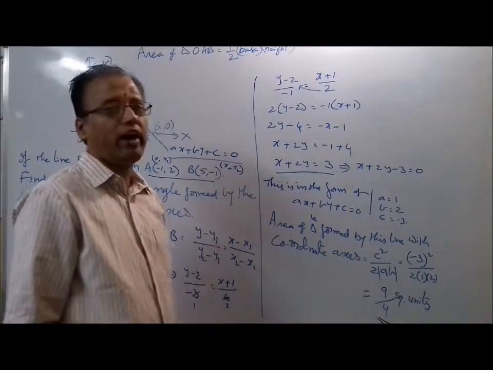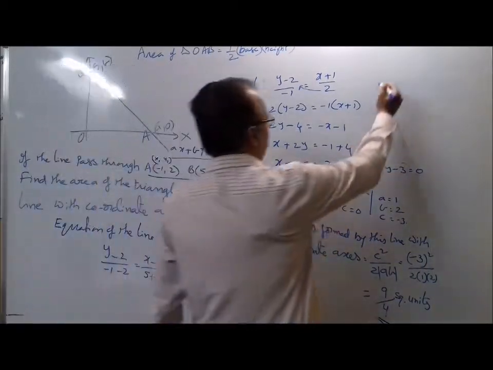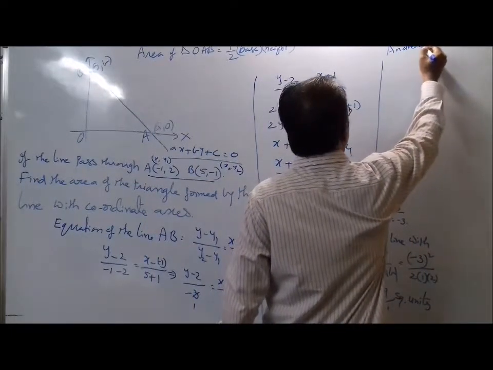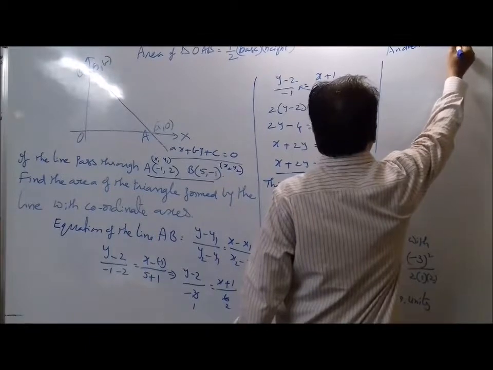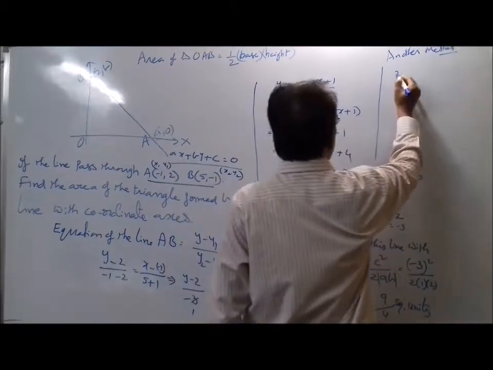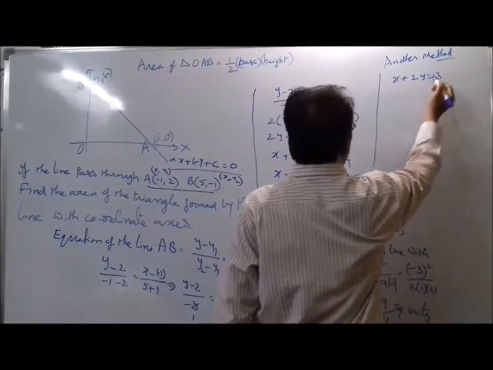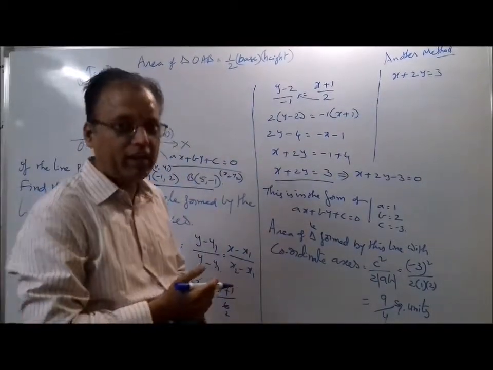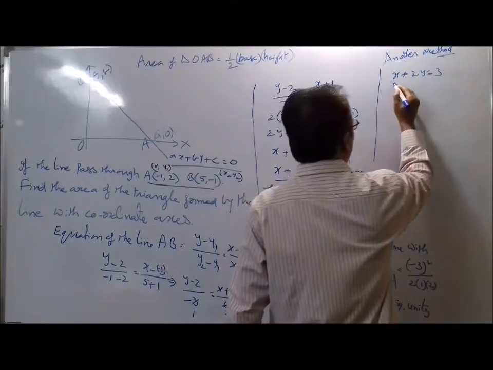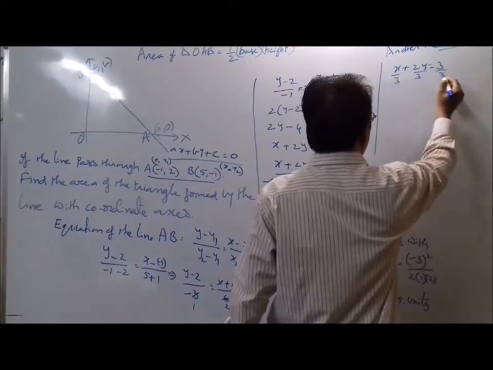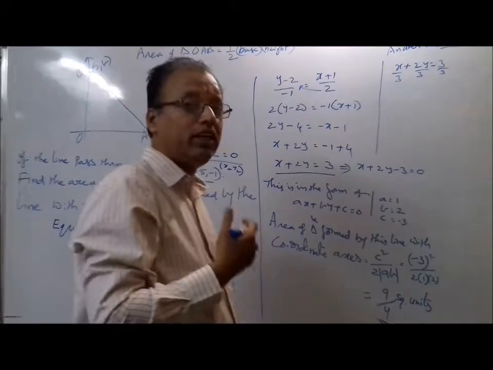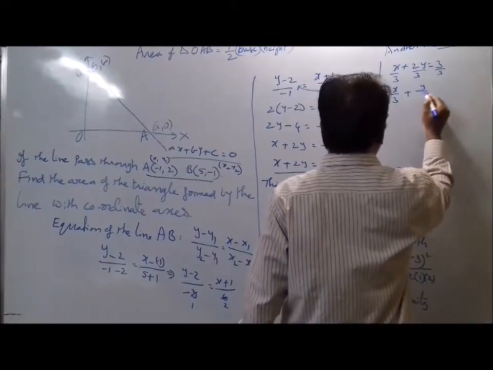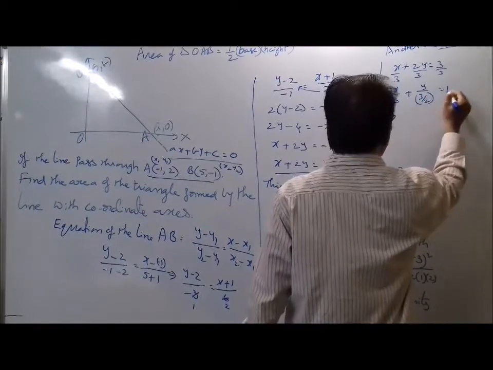Otherwise, half base into height also we can do. That way we see another method. x plus 2y is equal to 3. So I am making the intercept form, x by a plus y by b is equal to 1. So divide by 3, because I am converting that into the intercept form. So x by 3 plus y by 3 by 2 is equal to 1.